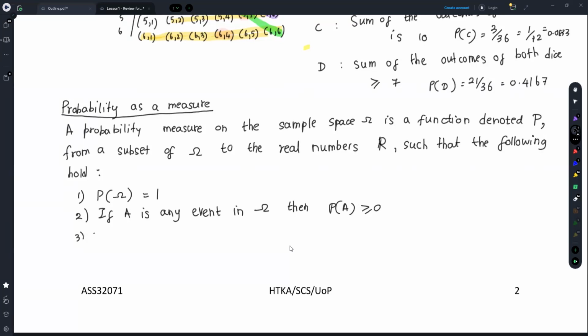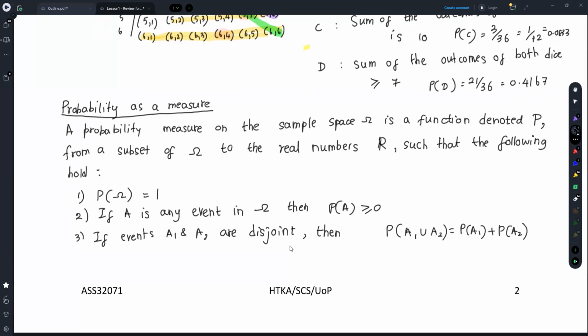And then the third one: if you have events, let's say A1 and A2, and they are disjoint, then you get the probability of their union. We'll talk about union, intersection, and the complement next. The probability of the union will be the sum of their individual probabilities, right?